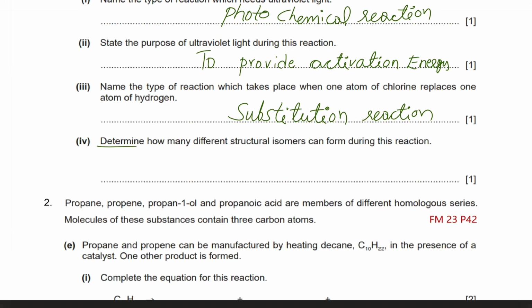Okay. Determine how many different structural isomers can form during this reaction. To find this, let's draw the structure of butane. If I give the chlorine to this end, then I'll start numbering from this side. Then it becomes 1-chlorobutane.